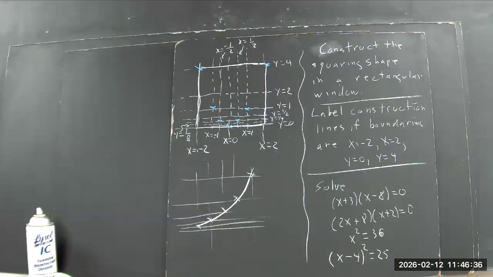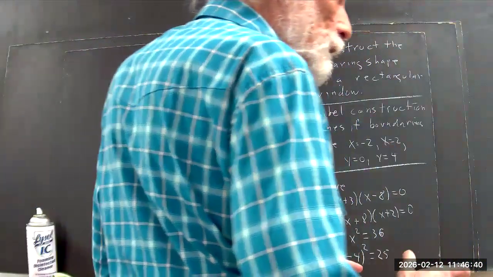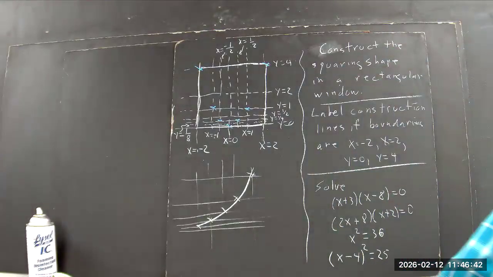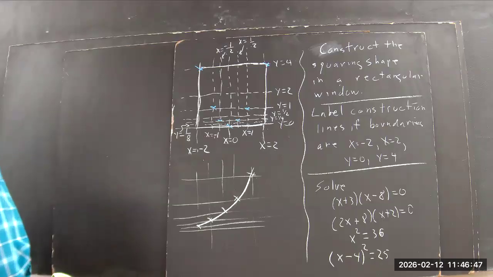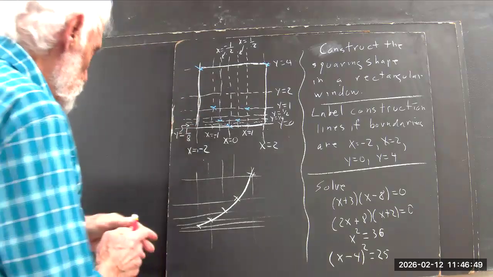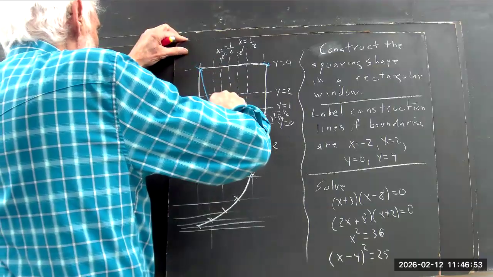Now, let's make sure we understand what I mean when I ask you to do a table for one of these functions. And right here are the points that you would use for your squaring shape.